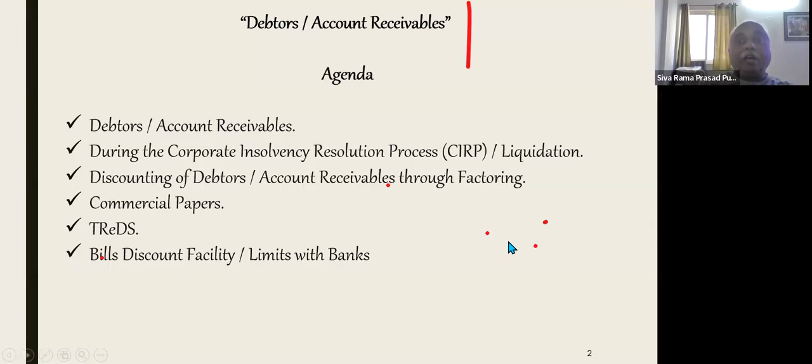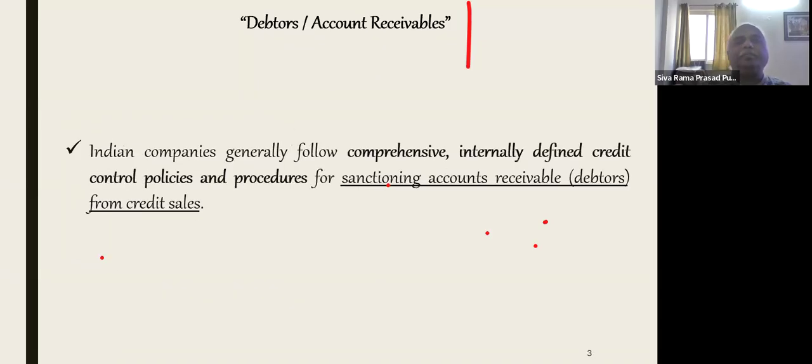The IRP or RP has to handle how to handle the commercial paper, how to handle the trades, how to handle the bills discounting facility or limits with the bank. All these things, factoring or forfeiting, the discounting of the debtors, various avenues are available to the corporates. All these things I will discuss in detail.